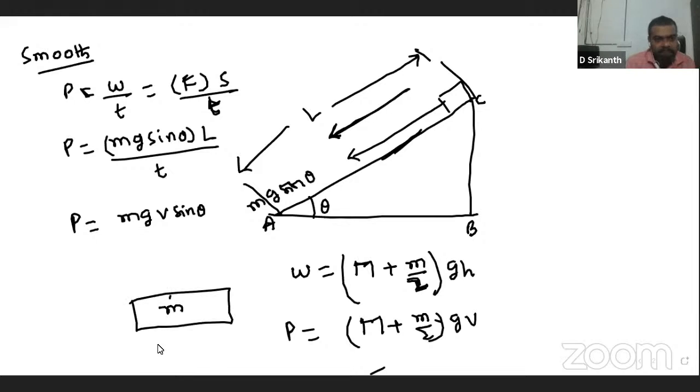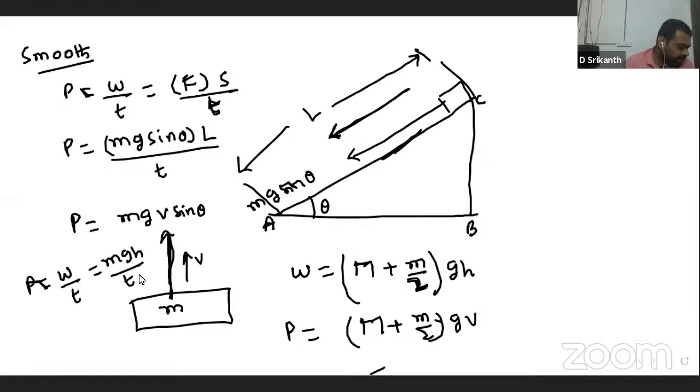Whenever it is lifting with a velocity v, then power equals work done by time, that is mgh by t. Whenever it is lifting, the work done is equal to the potential energy, that is equal to mgh.